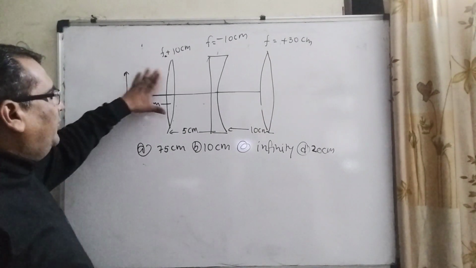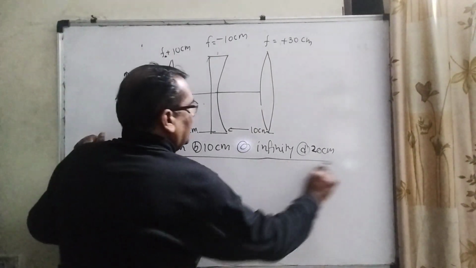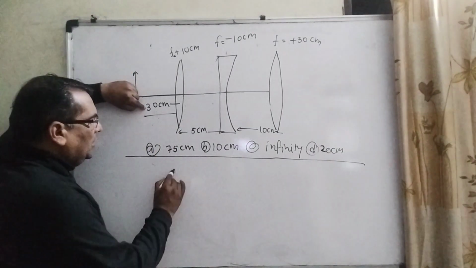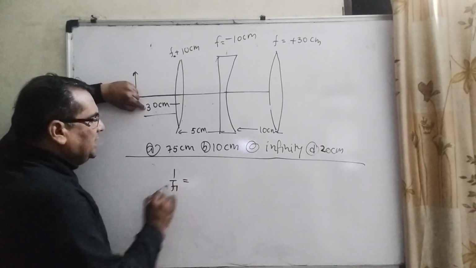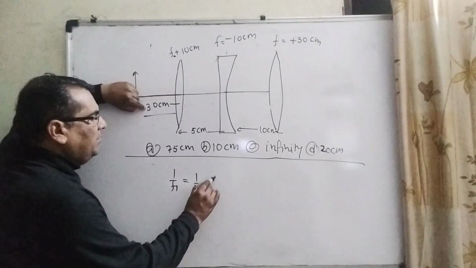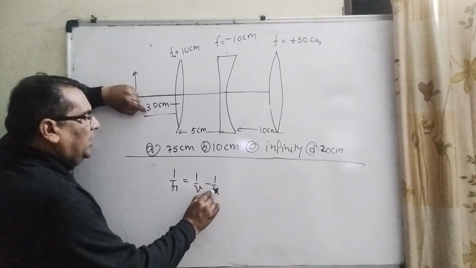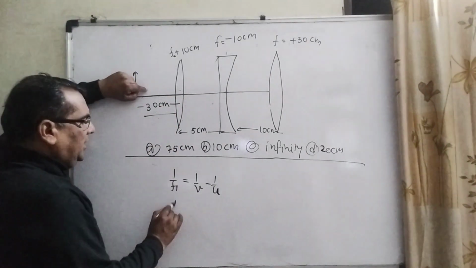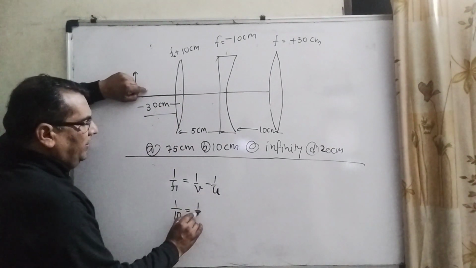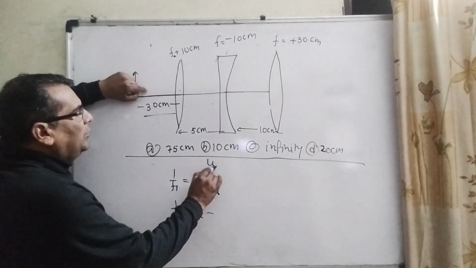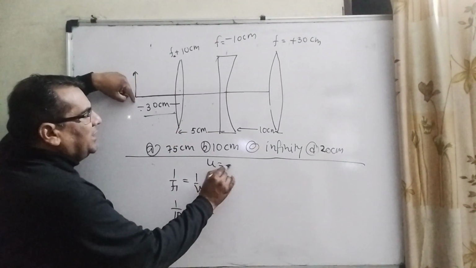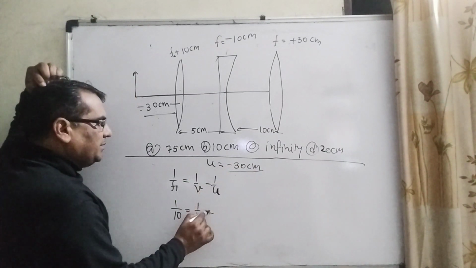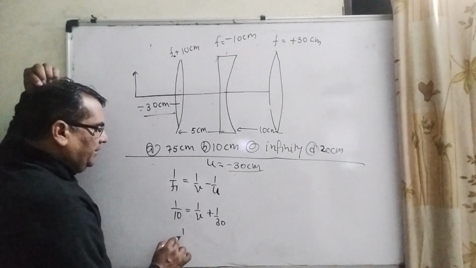We start from the first lens. Here u is 30 centimeter. We can use the lens formula, 1 by f equals 1 by v minus 1 by u. Here f1 for the first lens is 10, v we have to find out, and u is 30 centimeter; applying the sign convention, u is minus 30 centimeter, so minus minus becomes plus 1 by 30.